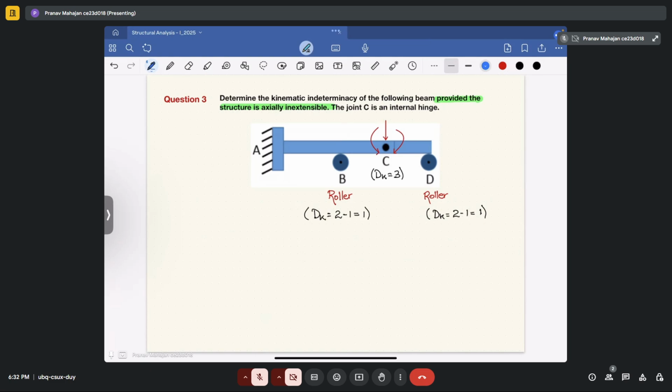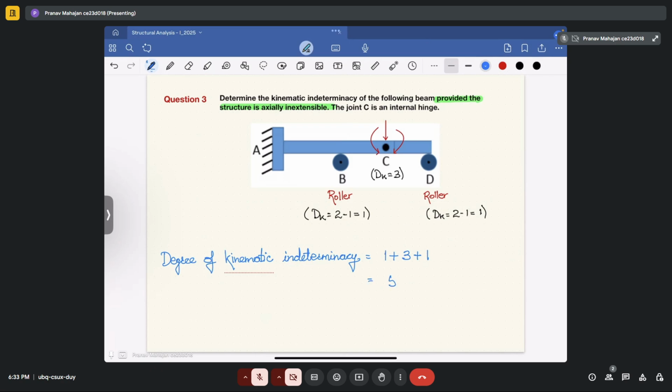Okay. Now, if you try to sum up all of them, so for this case, your degree of kinematic indeterminacy will be 1 plus 3 plus 1, and that will be equal to 5.